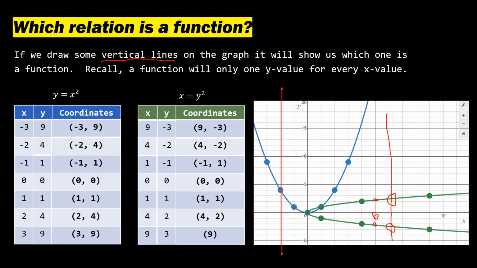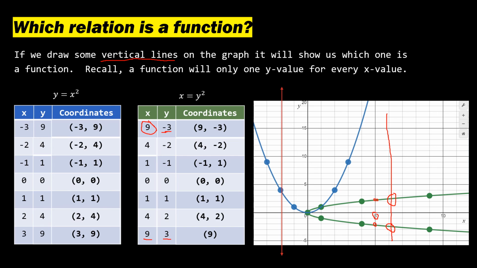We can actually see this in the table of values too. When x is 9, we have a value of -3 for y. And then later on, when x is 9 again, we see a different value, +3. So it's showing us two values for one value of x, which breaks the rule of a function.